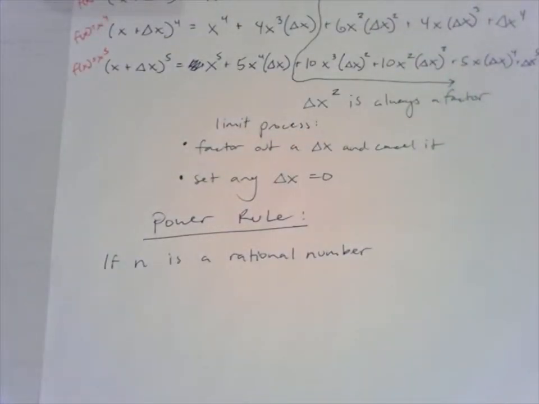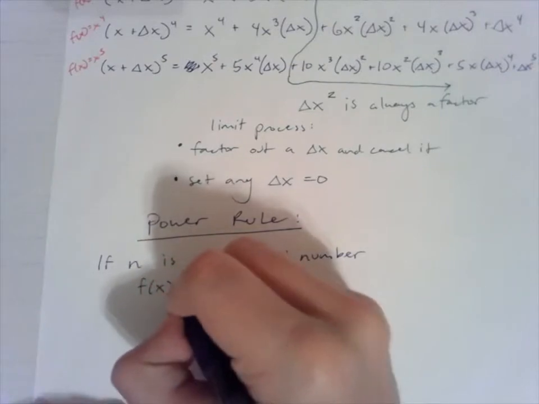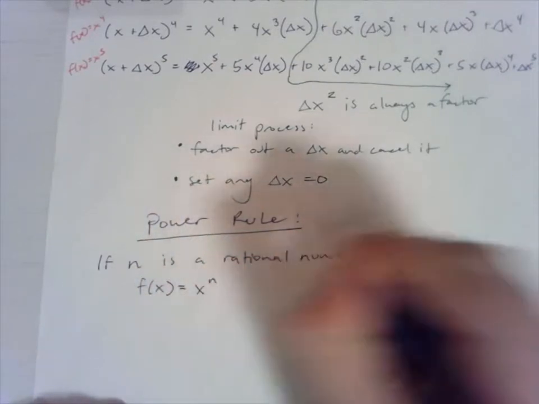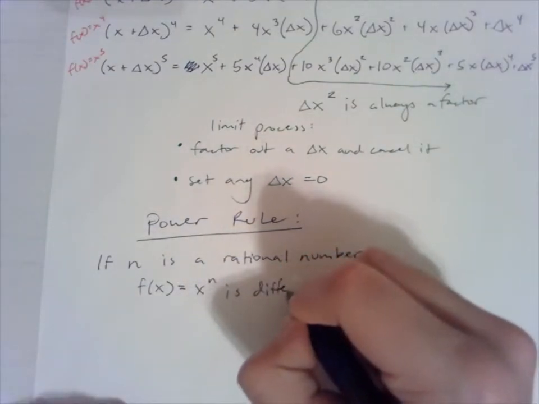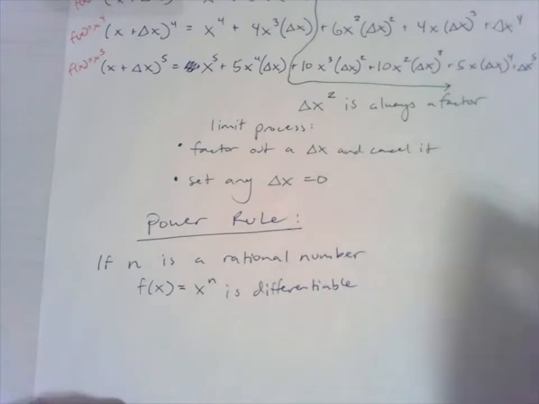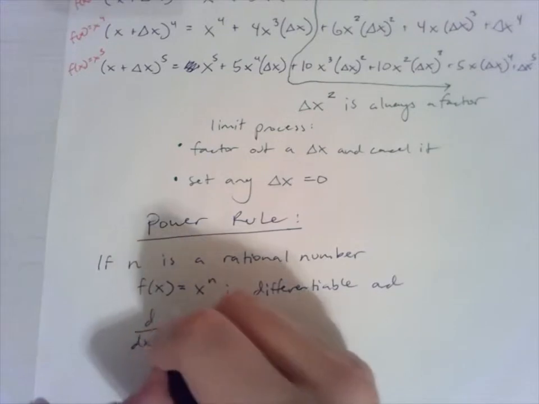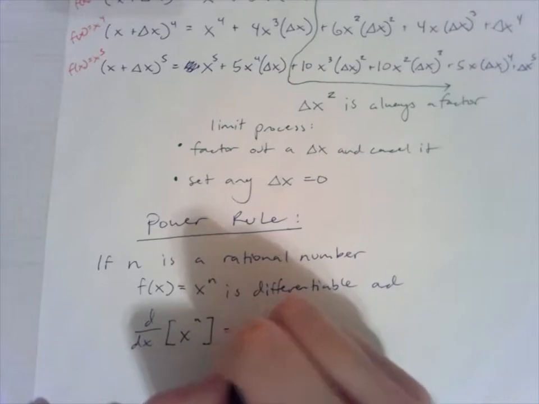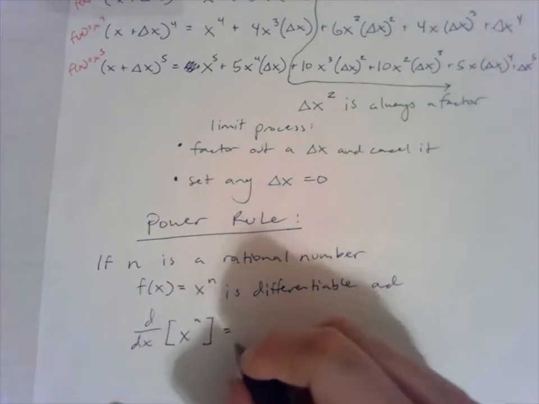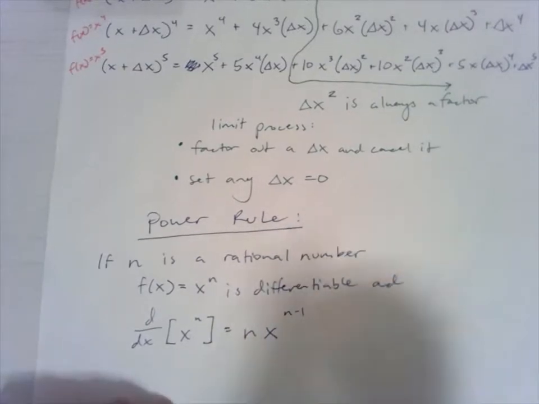If n is a rational number, and we have f of x equals x to the n, then f is differentiable, and the derivative of our function x to the n equals n times x to the n minus 1.